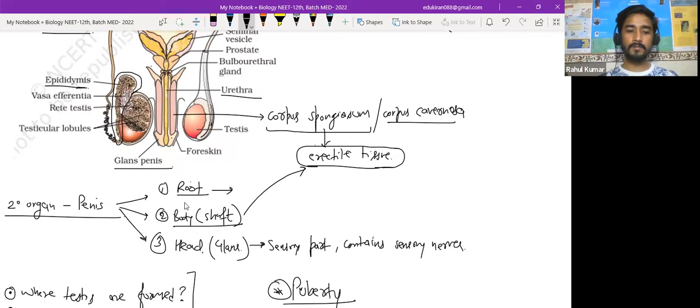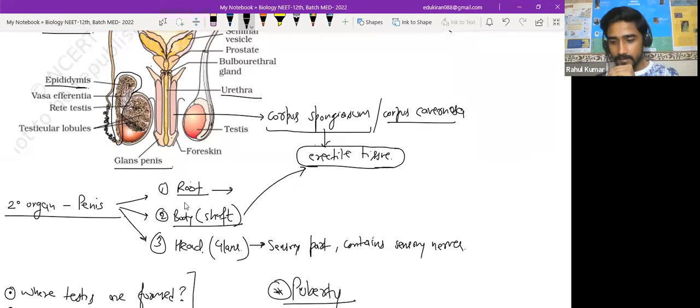And there is a duct which comes out from seminal vesicles. So there is a word in your textbook, ejaculatory duct, but the ejaculatory duct is the duct which is formed by the union of vas deferens and the duct from the seminal vesicles.